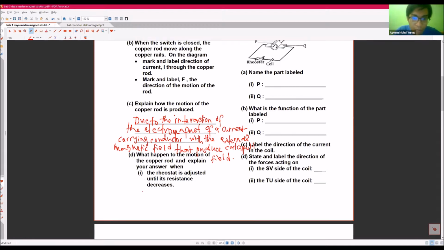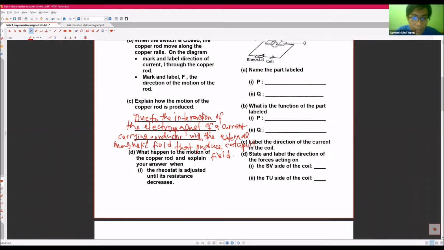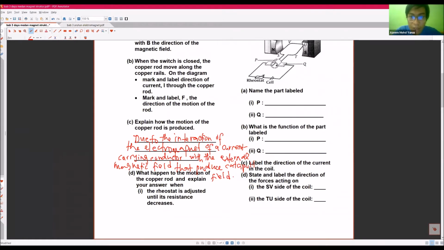D: what happens to the motion of the copper rod, and explain your answer, when the rheostat is adjusted until its resistance decreases.